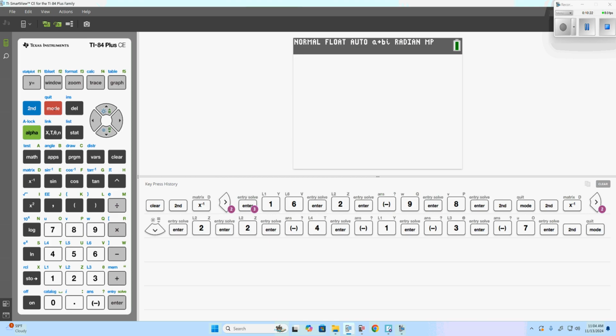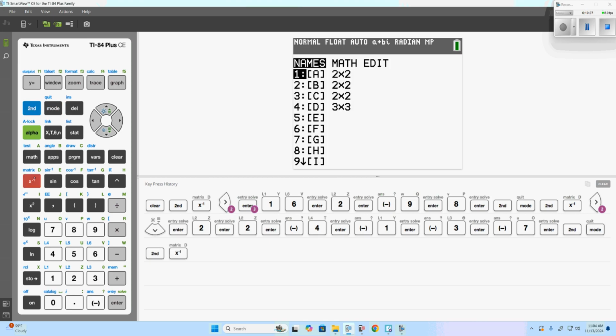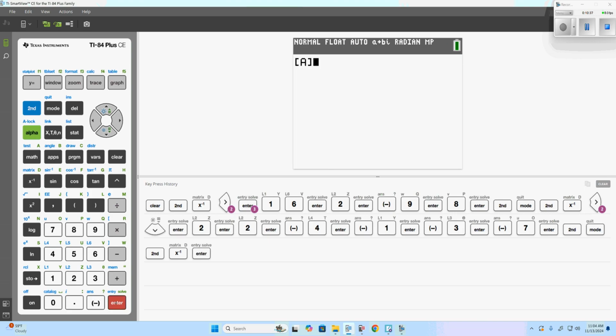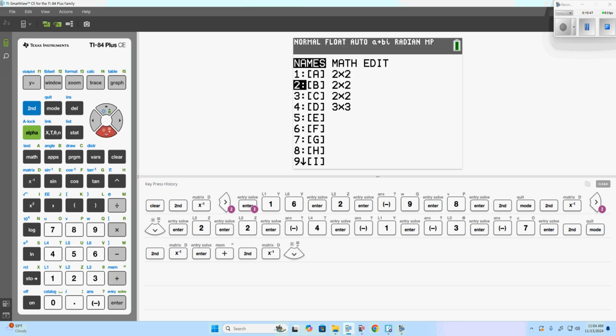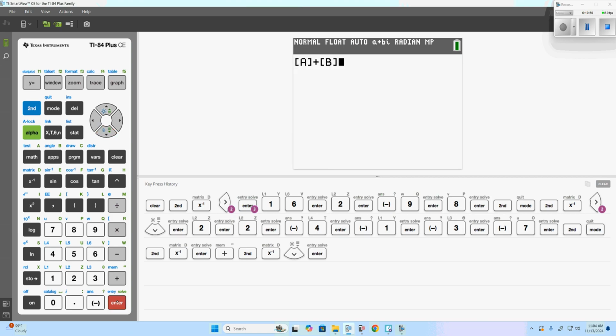Now, once we got them all typed in, we can recall these matrices by going second matrix. This list where it says names lets us recall it, lets us use these matrices however we want. After you finish typing it in. And if I enter, it'll pull up matrix A, because the problem that we're on says A plus B. So we can say matrix A plus second matrix will go down to B. And that's our answer.